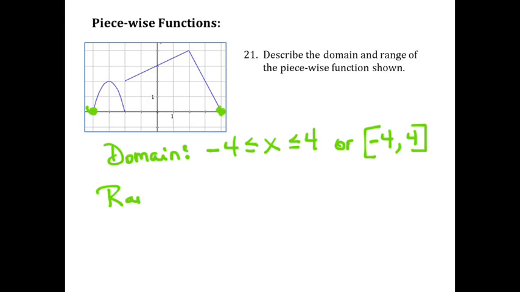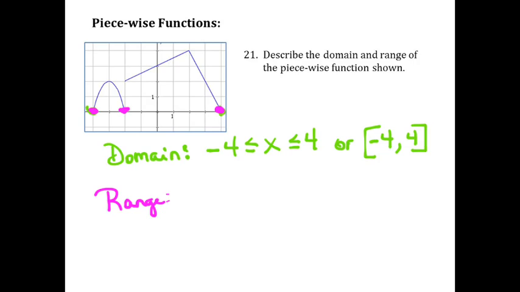The range should include all the y values that are included in the function. And you know what, let's do a different color for range. For the range, my lowest points are actually all three of these points. They all have a y value of 0. That's my lowest value.